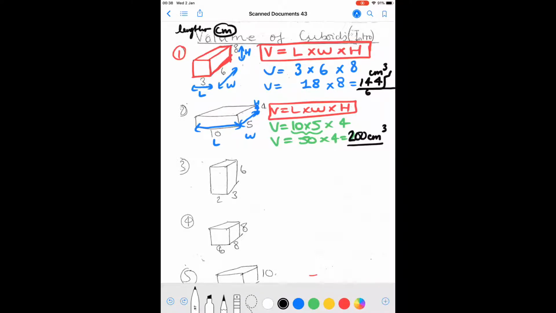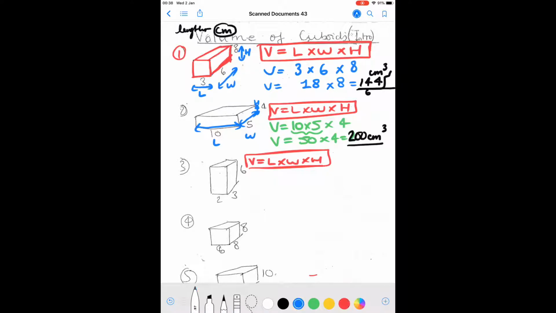Okay, let's have a look at question number 3. Again, whenever we start a question, we always start with the formula first. So I'm going to grab a red for that. Volume equals length times width times height.